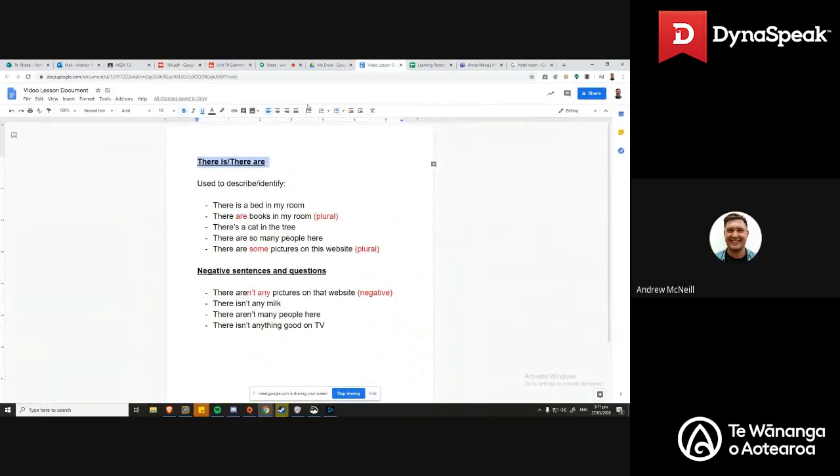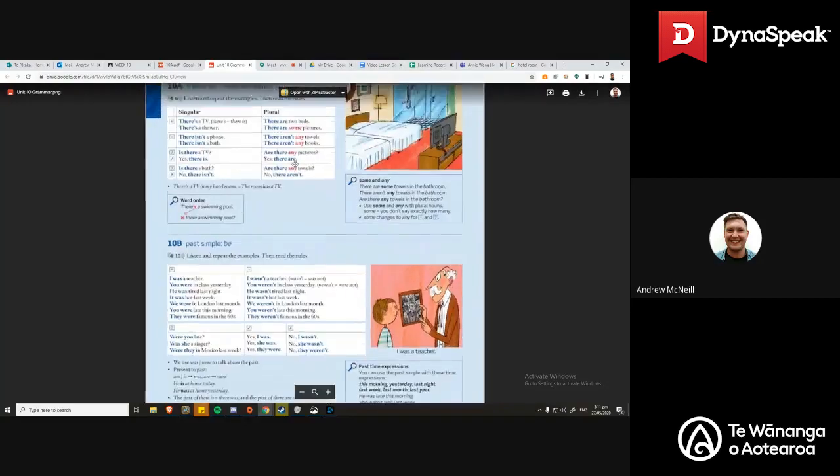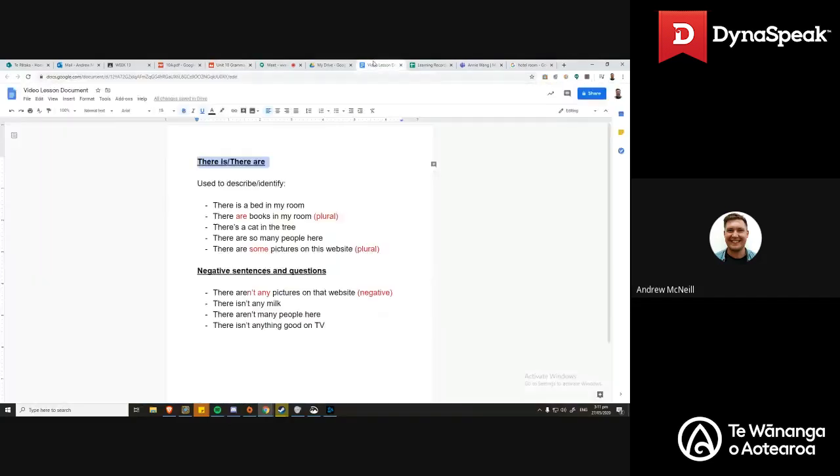So we're looking at this grammar. There is, there are, and in your textbook on page 110, there's some very good information that summarizes this grammar. So very good to look at. Like I said before, we use there is, there are to describe or identify.